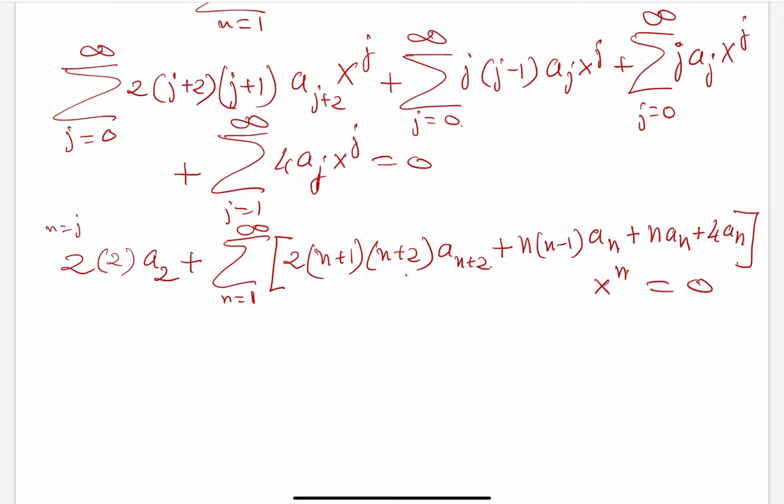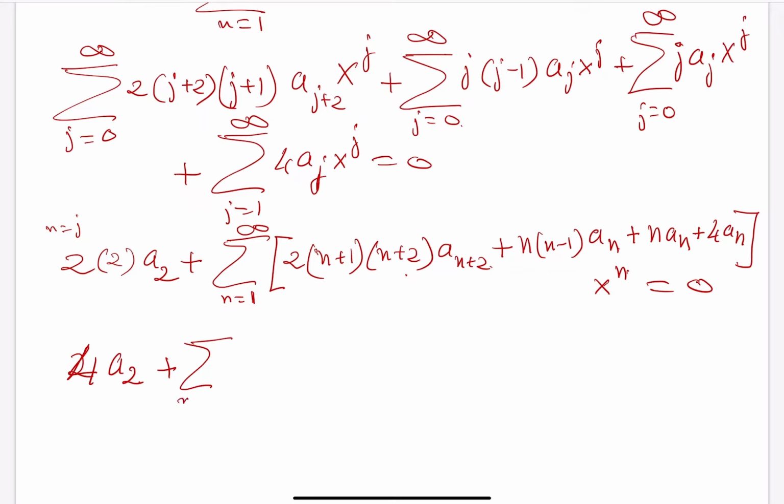And now you can try to distribute this, move it outside, and then what do we get? Since I got this one, an, I can distribute them easily. So what I get is 4a2 equal to, 4a2 plus the inside one.